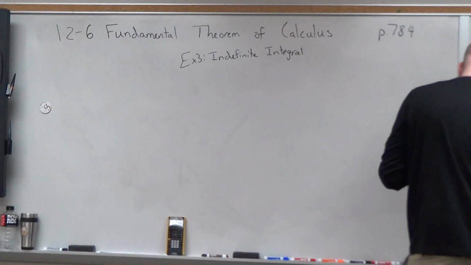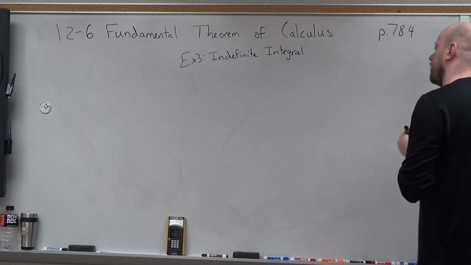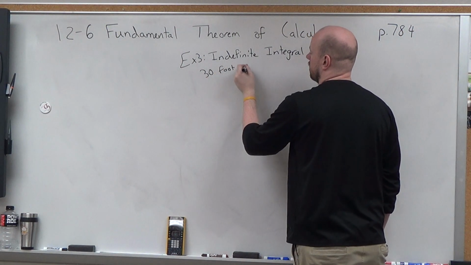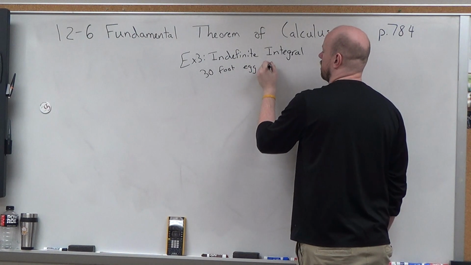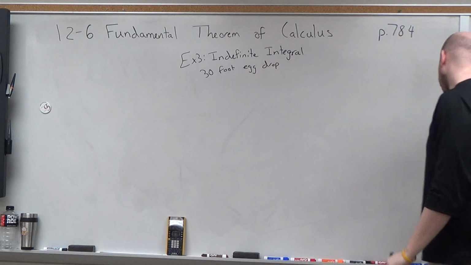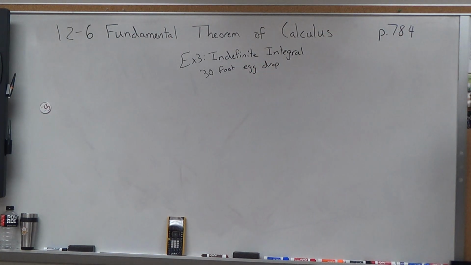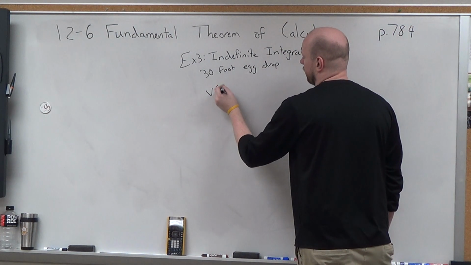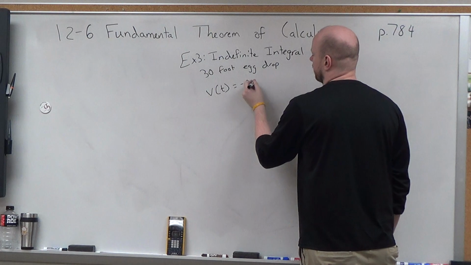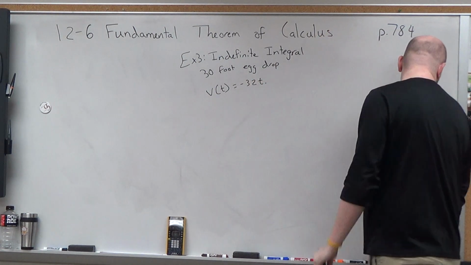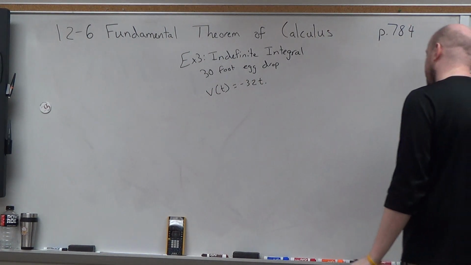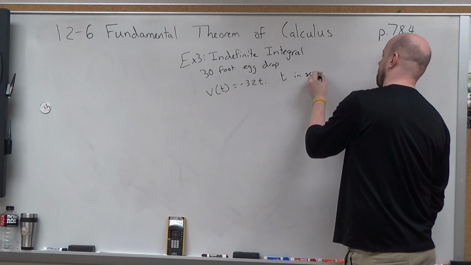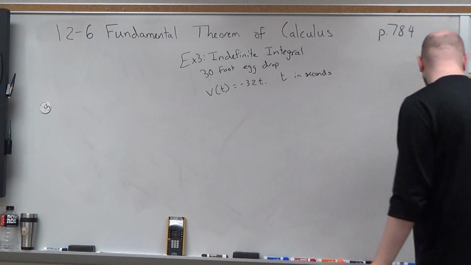So, let's say an egg is dropped from 30 feet. The 30-foot egg drop. And someone actually took the time to model the equation as velocity in regards to time equals negative 32t, where t is in seconds. Okay.